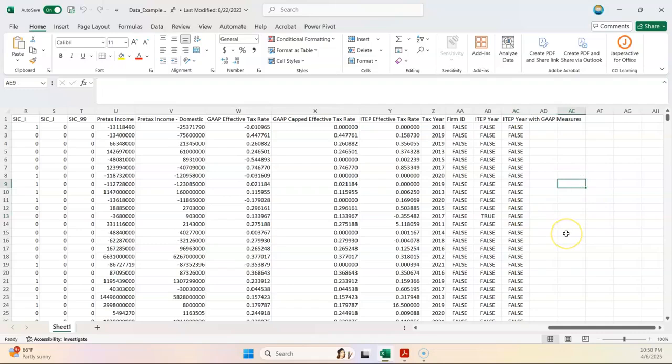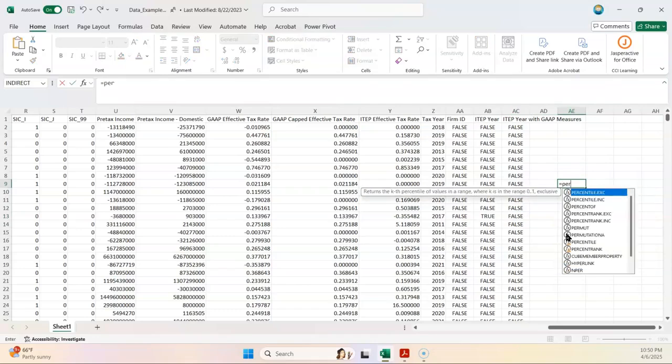All right, so how do we calculate a percentile and a decile? We have our equation, just like we did with quartiles, but for percentiles. We have an exclusive form and an inclusive form. The exclusive form will do the 1st to the 99th percentile. Inclusive will also include the 0th, which is the minimum, and the 100th percentile, which is the maximum.